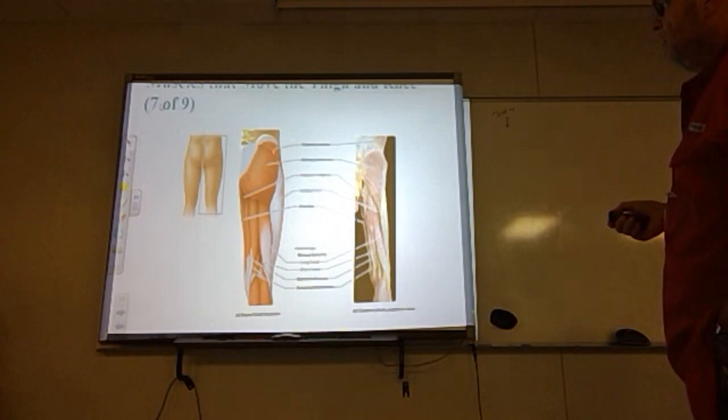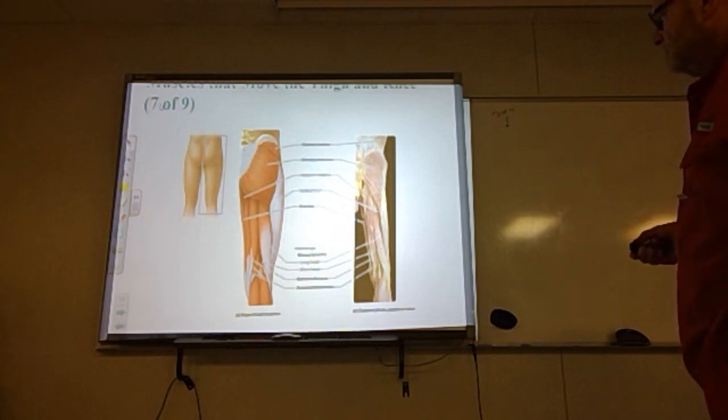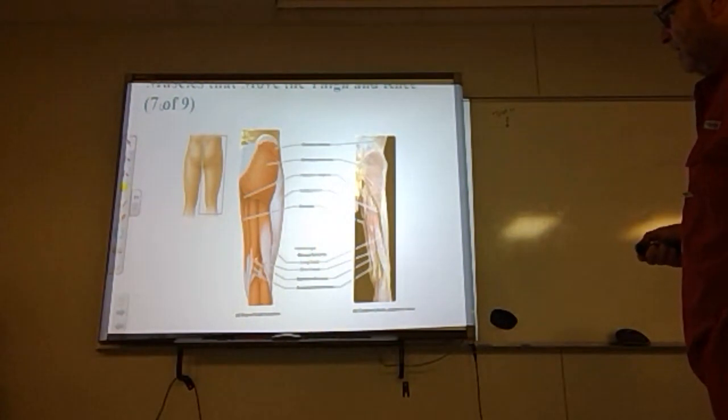So there's the gluteus medius, there's the gluteus maximus. You don't see the gluteus minimus because it's underneath. There's the adductor magnus right there, the gracilis muscle, and then the biceps femoris, long head, short head, and the semimembranosus, semitendinosus. Those are the hamstring groups.